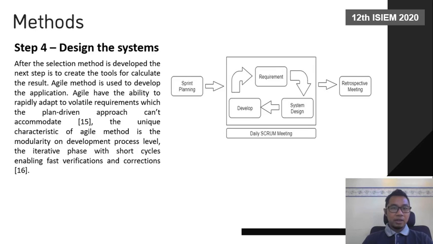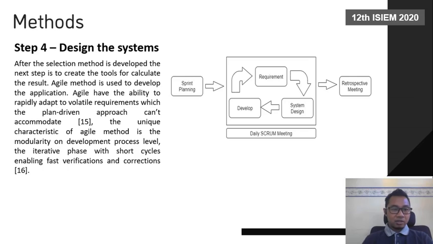And step 4, design the system. After the selection method is developed, the next step is to create the tool to calculate the result. The Agile method is used to develop the application. Agile has the ability to rapidly adapt to volatile requirements, which the plan-driven approach cannot accommodate.